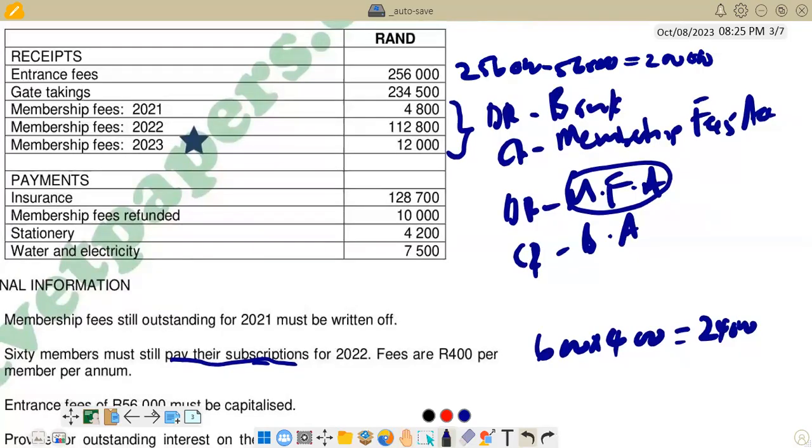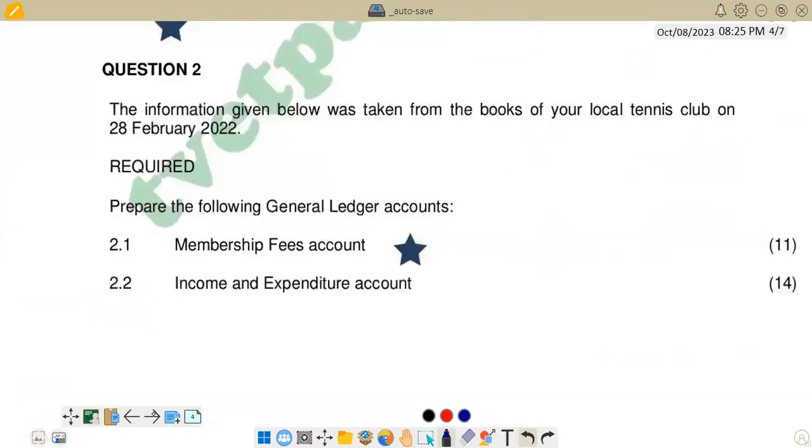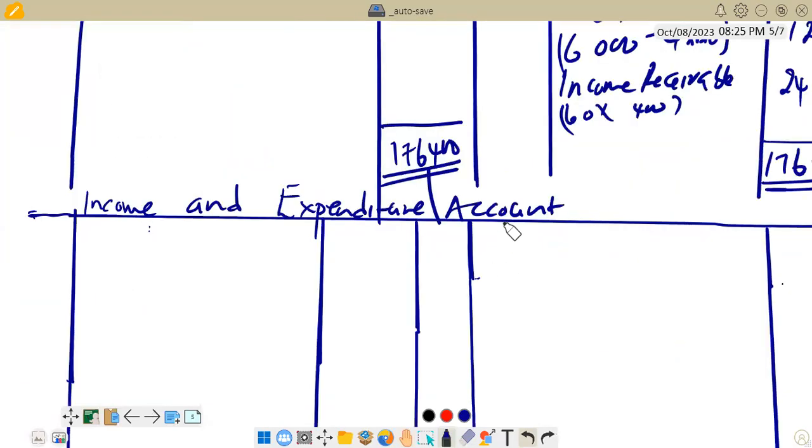We go there to our income and expenditure account, and we said income comes on the credit side. So we are going to say entrance fees. And remember, the date here is 28 February. And then the amount that we are going to say is 256,000 minus 56,000.